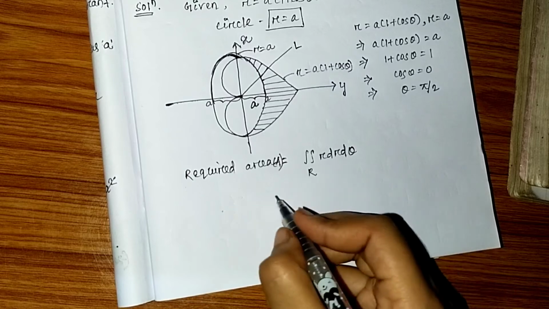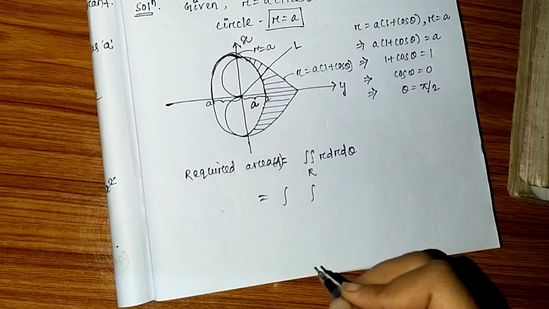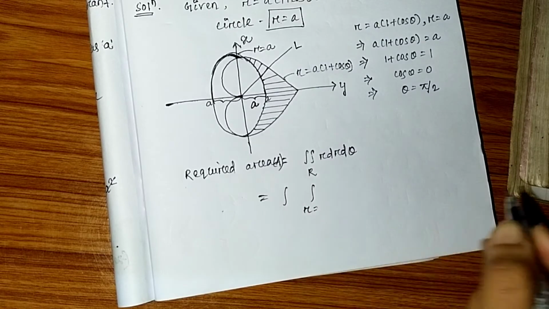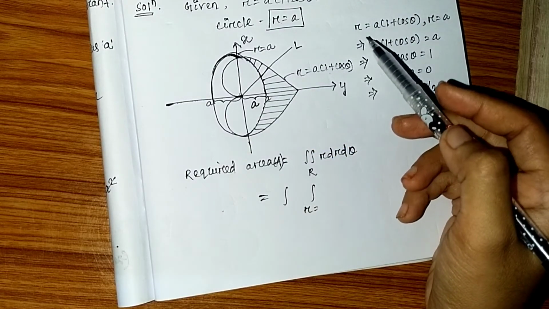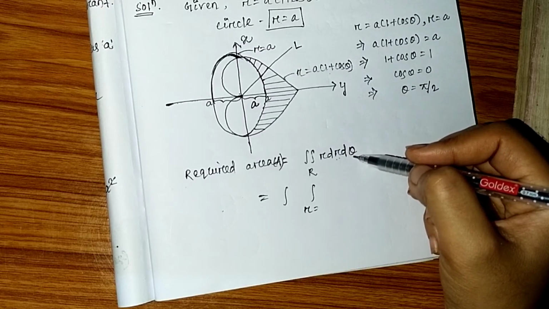First we find the limits of the integration. First we integrate with respect to r, then with respect to theta.